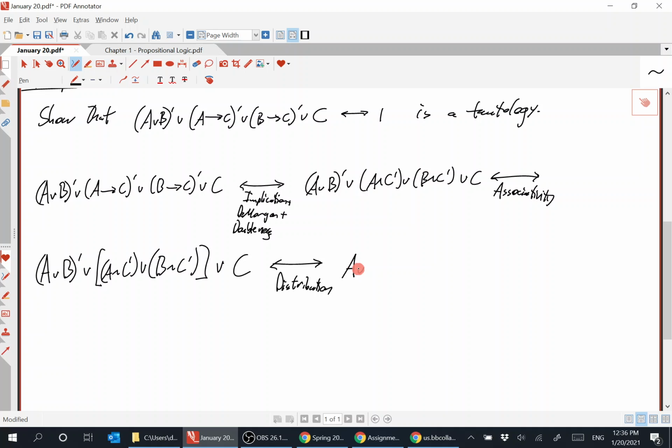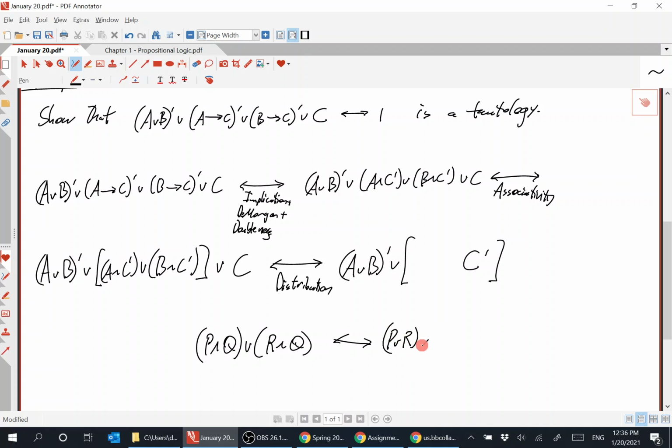And I get what? Right, I want to factor out the C naught. And what do I get? All right, here we have P and Q or R and Q. Distribution says that's logically equivalent to P or R, and Q. So I'm going in the opposite direction.